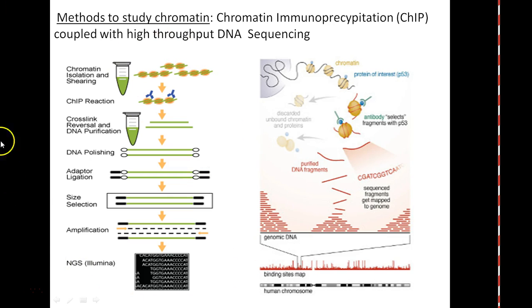And this is a brief overview of this approach, what we can do to map those nucleosomes on the genome-wide scale. So first of all, we have to cross-link the DNA and histone octamer, so we can freeze those nucleosomes in place, and then we can purify the chromatin from the cells, and we can shear it, break it into smaller pieces like this, and then we can use antibodies specific for the histone proteins, and we can pull down this fraction.